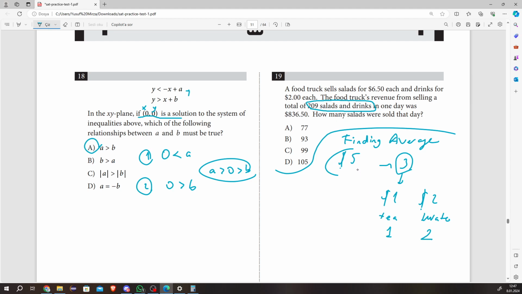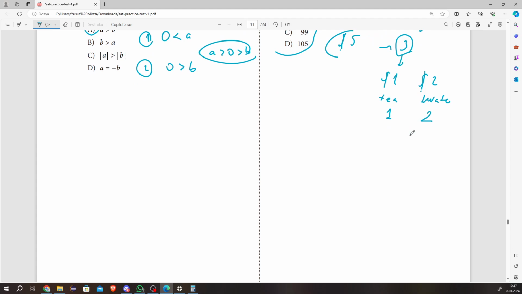So we can find $5. So we can use another method for this. For example, if we buy 3 items and all of them are tea, it costs $3. And if all of them are water, it's 6, and we are seeking 5.